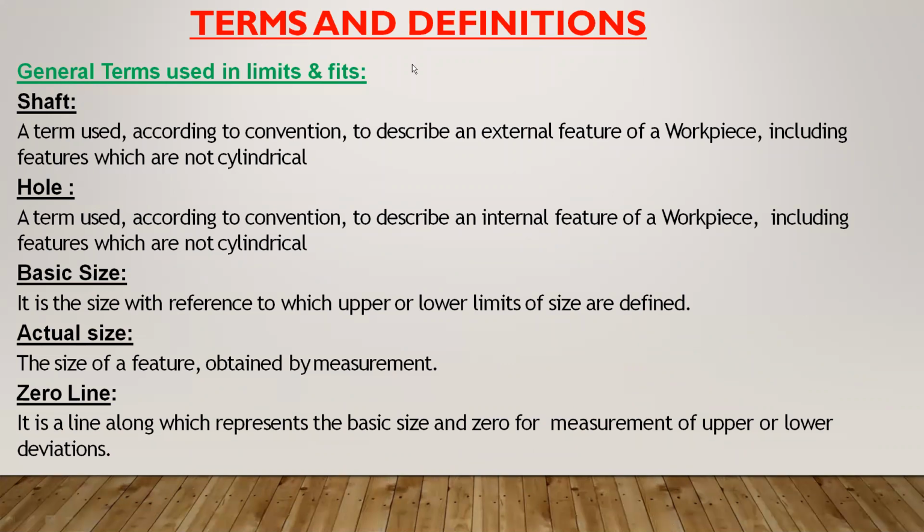So first one is the shaft. This term is used according to the convention to describe an external feature of a workpiece, including features which are not cylindrical. So a shaft need not be a cylindrical part, but in the minds of students it has been decided that a shaft is a cylindrical object.